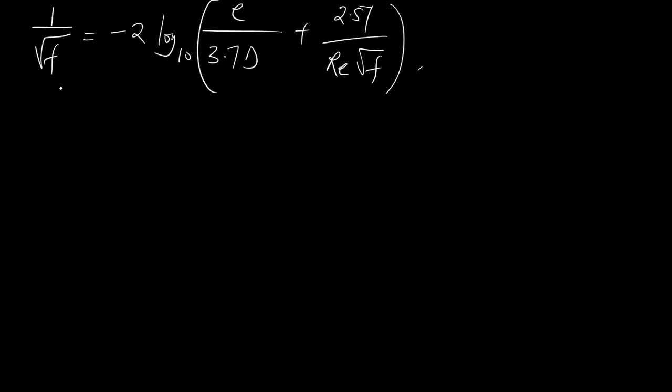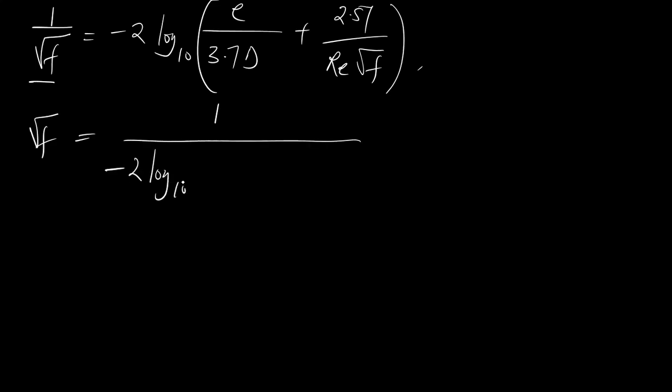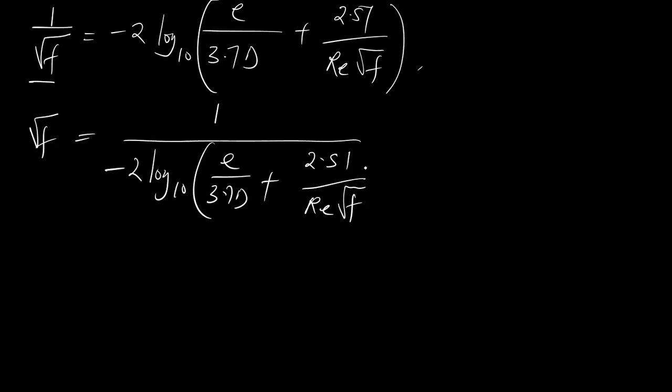So now if we take the inverse of both sides, the inverse of 1 over square root of f is square root of f. The inverse of the whole thing is 1 over minus 2 log base 10 of e over 3.7d plus 2.51 divided by Reynolds number times square root of f.